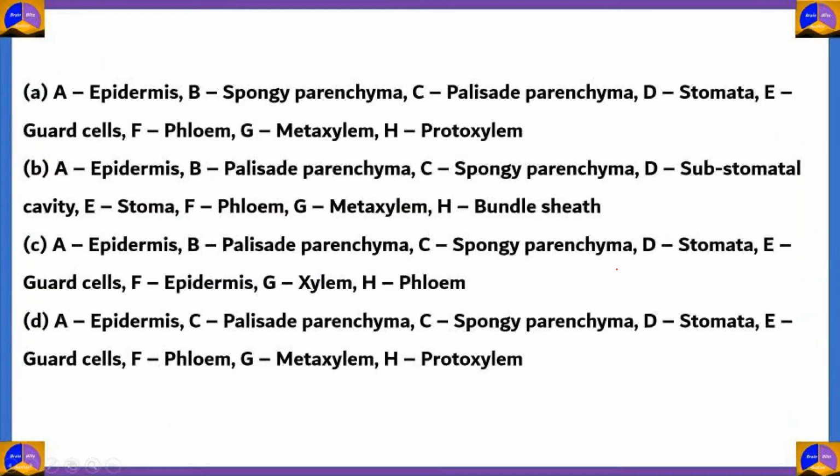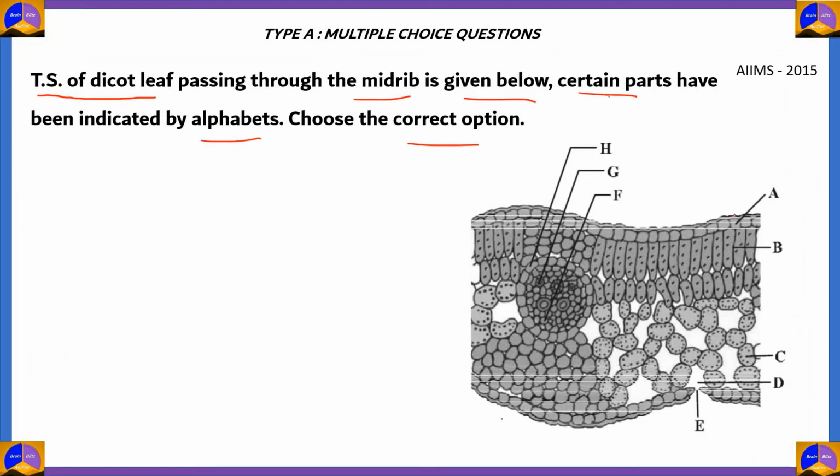If you look at the options, all of them contain A as epidermis. And if you see A, you find out that it lines the exterior, which means that A is the epidermis. Let's look at the part B. Now these are long, photosynthetic cells.